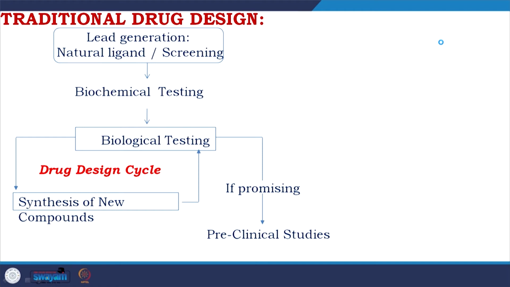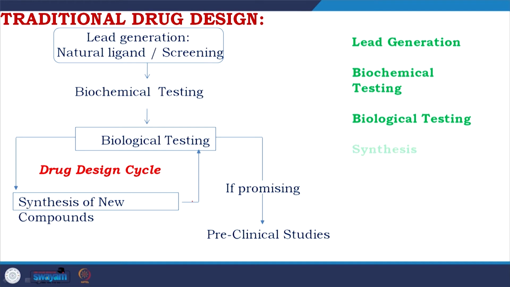When you get success, you do the synthesis of new compounds on one side, which is a drug design cycle, whereas on the other side, if it gives promising results, you go to preclinical studies, clinical studies. So, what is involved in traditional drug designing? Lead generation, biochemical testing, biological testing, synthesis of small molecules, peptides, preclinical studies, and if that works, clinical study.